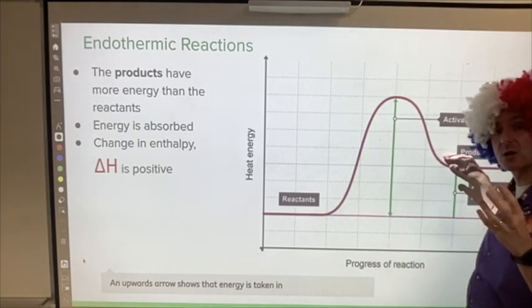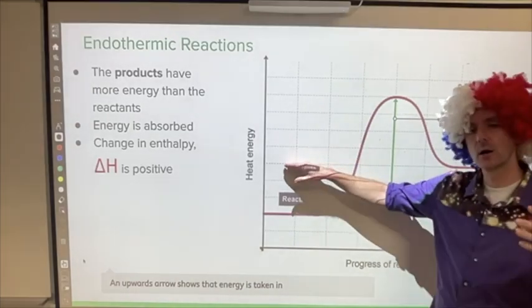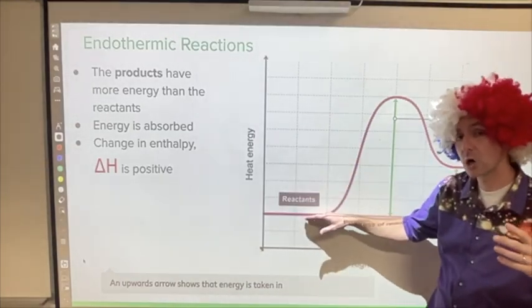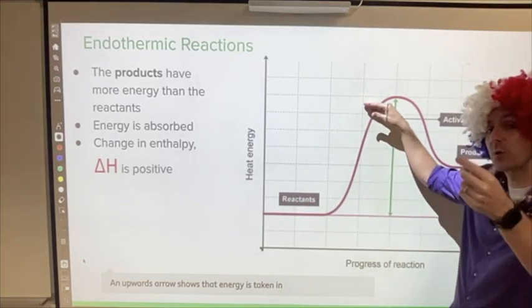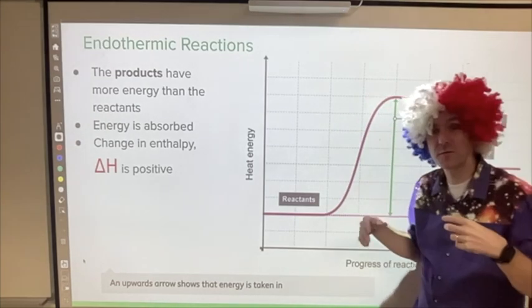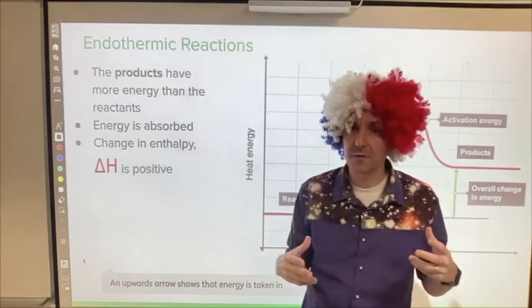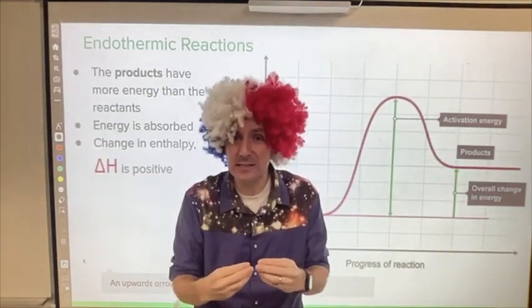As they create new bonds, you'll notice that this time we end at a higher enthalpy than where we started. This means that we put more energy in to break the bonds than the energy we got out when the bonds were formed. That means the net energy was into the system.